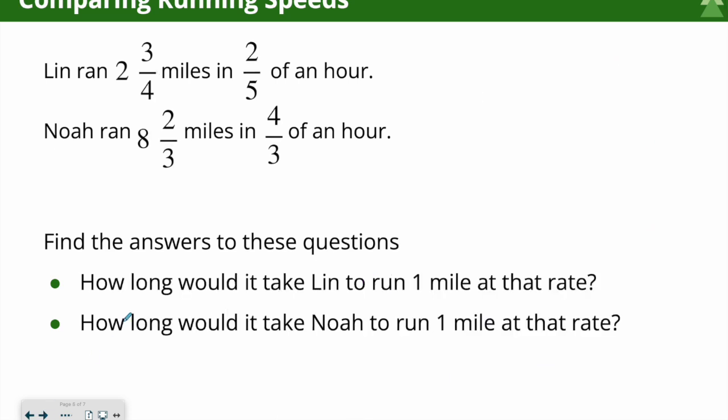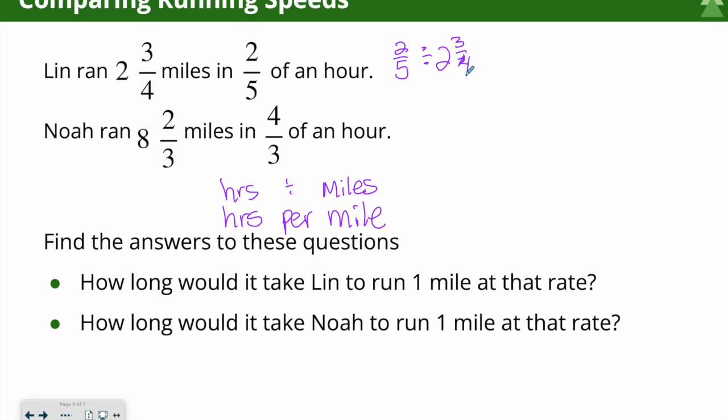We also decided then, well, maybe it would be good to know how long it took to run 1 mile. So now we want the hours per mile. So we're going to take our hours and divide by our miles. 2/5 divided by 2 3/4, which means 2 3/4, remember, was 11/4.